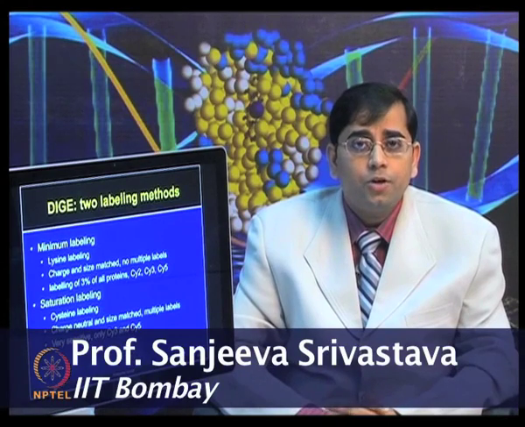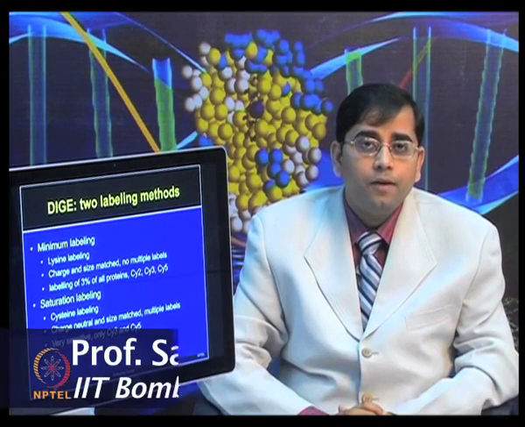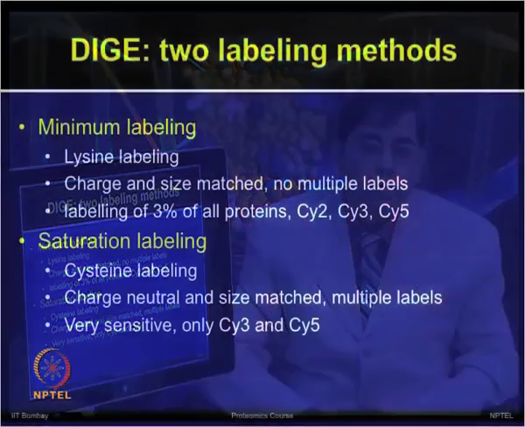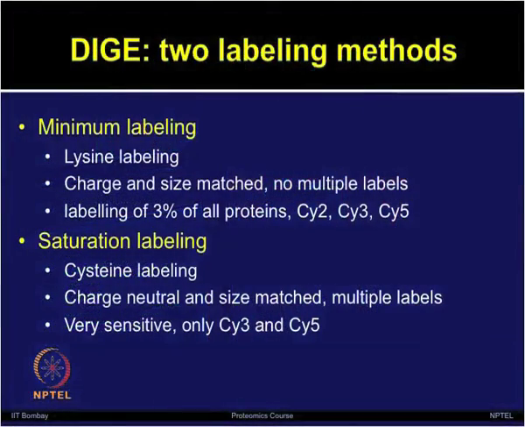Now, let us talk about different types of labeling methods. In DIGE, there are two different types of labeling methods which are possible. One is the most commonly used, lysine labeling, and the other is cysteine labeling. The lysine labeling method, also known as the minimal labeling method, is where the charge and size of dyes are matched and there are no multiple labels.